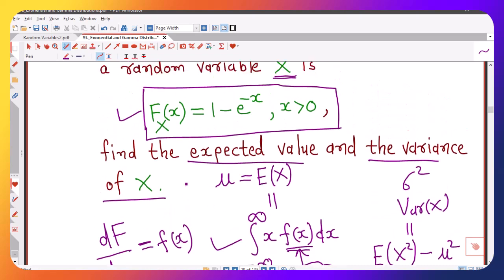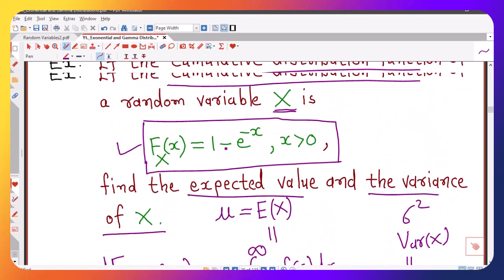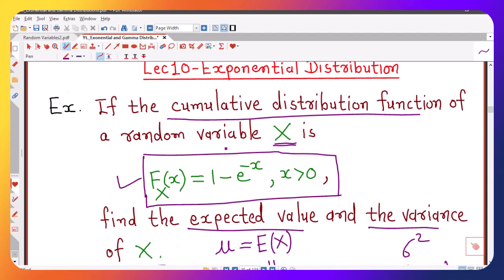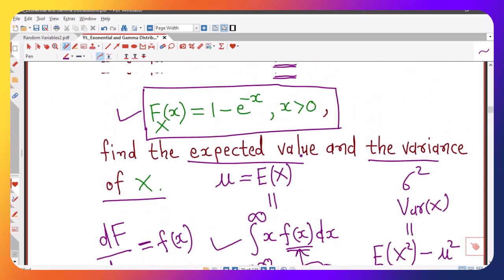So this is one way to find out the mean and variance of a random variable X whose CDF is given. But if you recall that we are having some standard random variables whose CDF and PDF are standard, and we can decide from the formula itself what are the expected value and variance of that random variable.